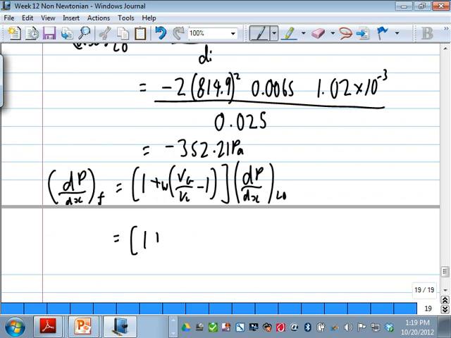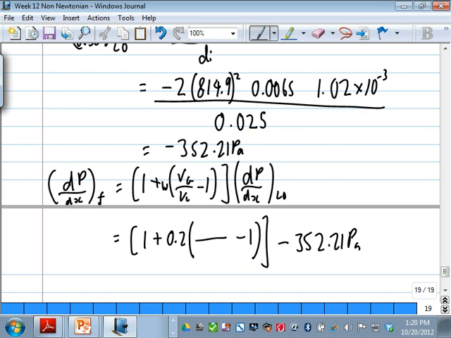So for the combined system, this is it. So 1 plus, what's the W again? 0.2. Vg over VL, minus 1. What's Vg? Here we minus 352.21 Pascal. What is Vg?